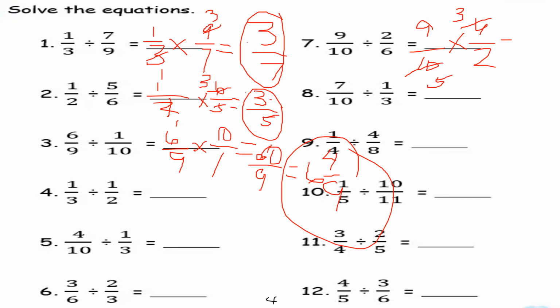Then multiply. 9 times 3 is 27 over 5 times 2 is 10. So how many 10s in 27? There are 2, with 7/10. Because you need to write your answer in the lowest terms.